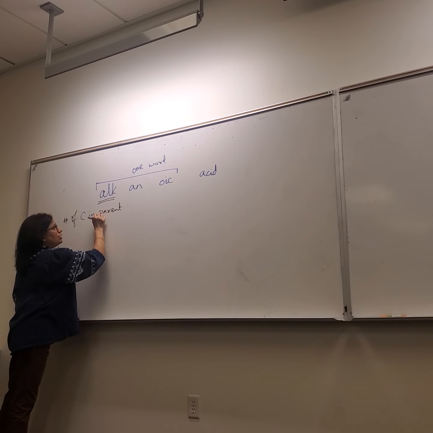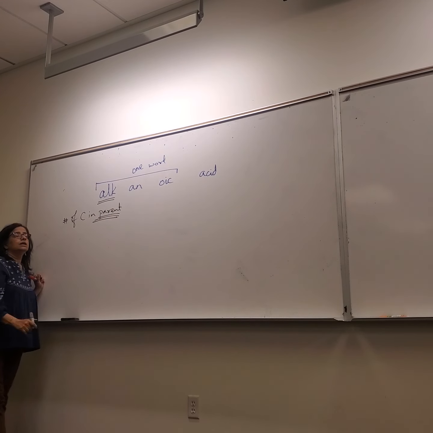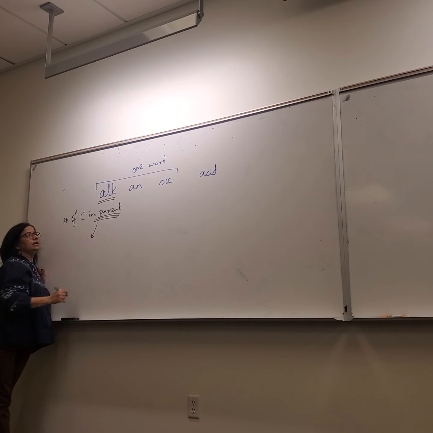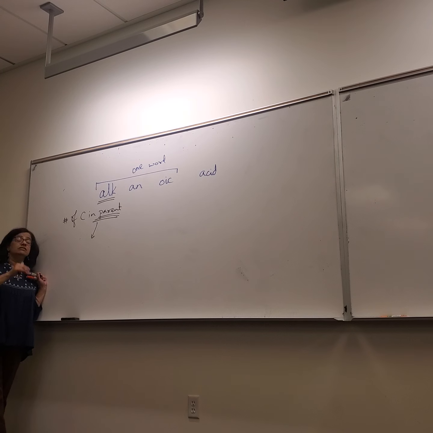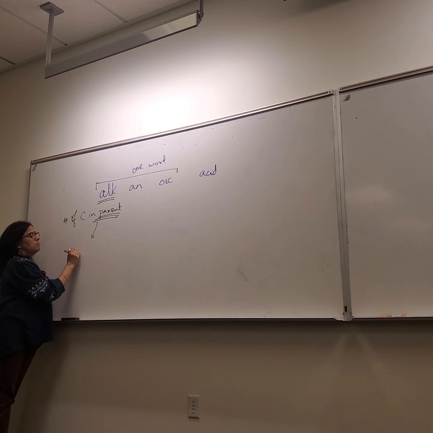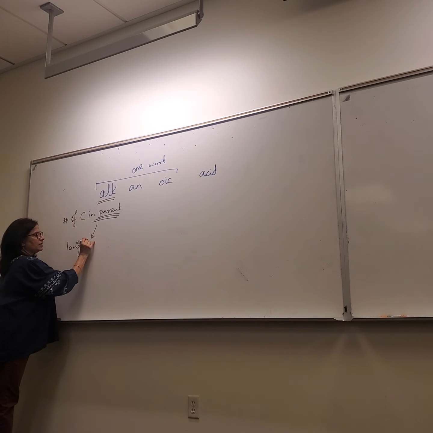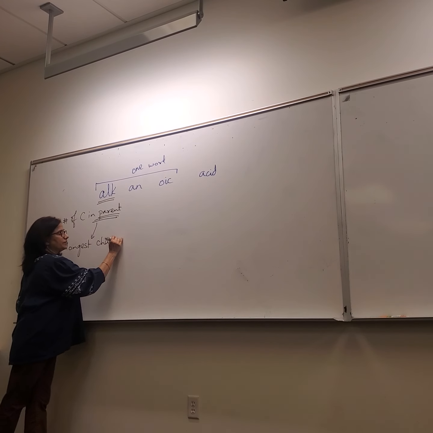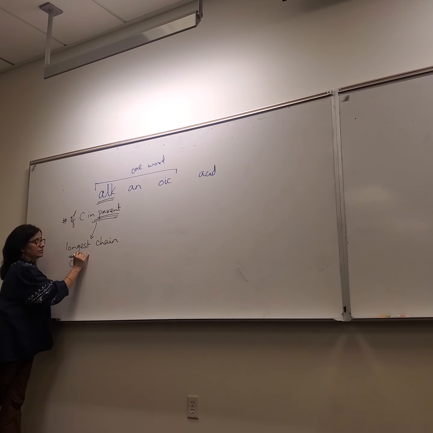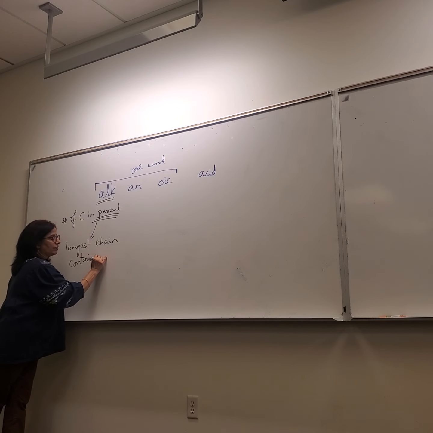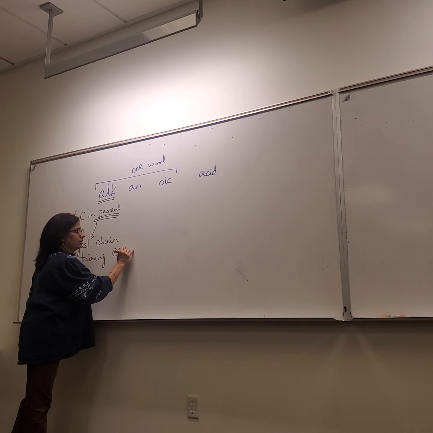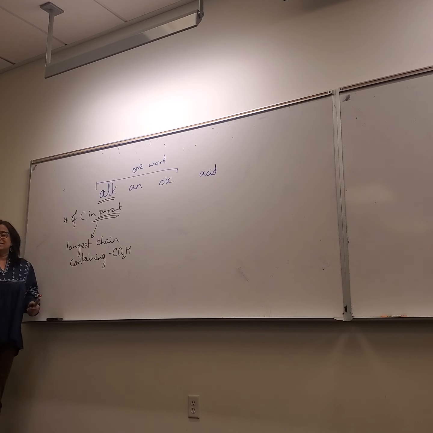So what is the parent here? Carboxylic acid is the highest priority group for naming, period, of everything. So the parent must contain the longest chain of carbons that contains the carboxylic acid group.